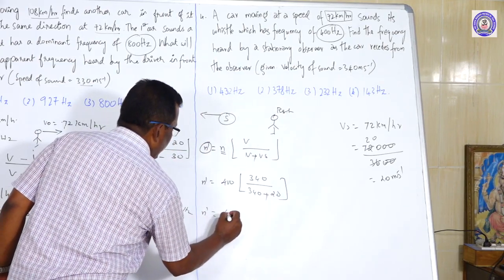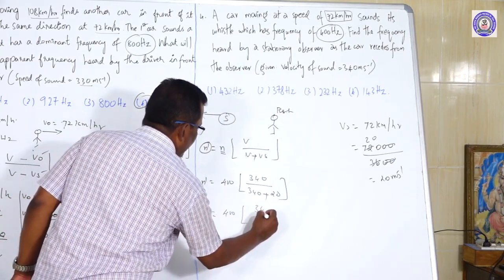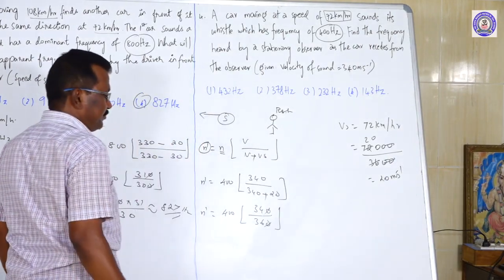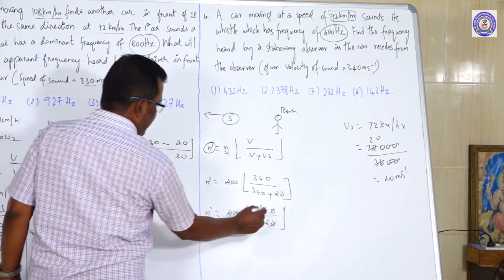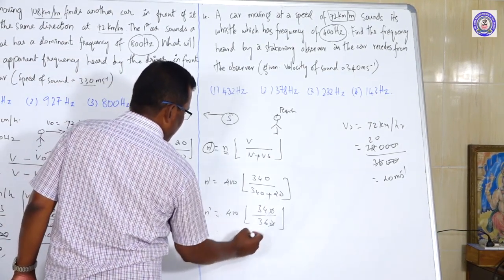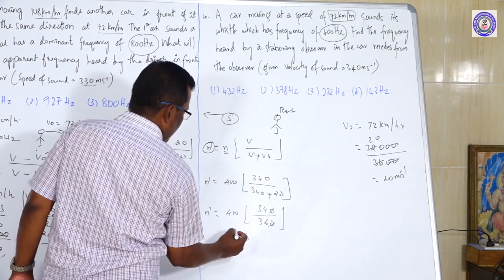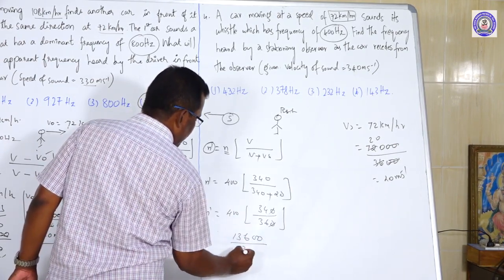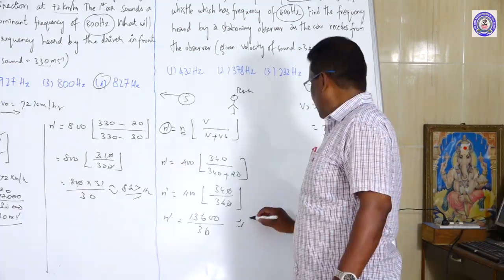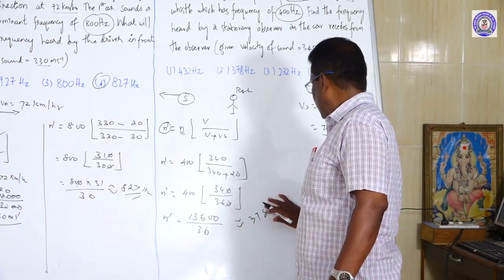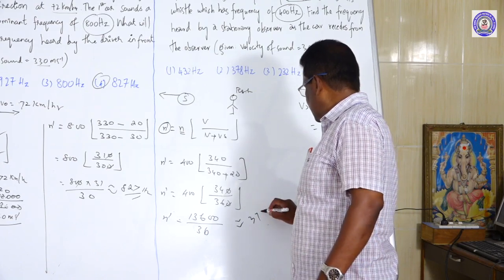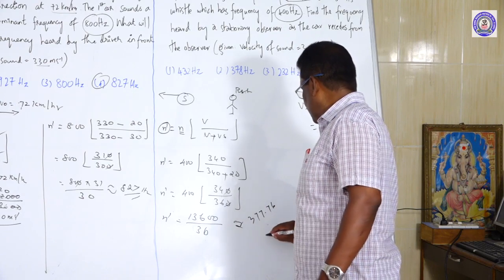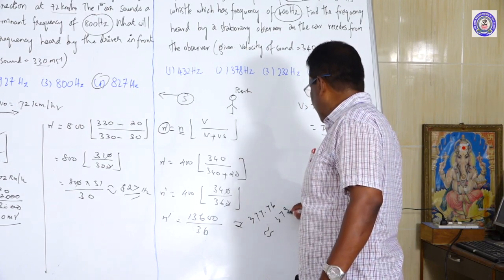n prime is 400 times 340 divided by 360. Multiply 400 by 34, 4 fours are 16, and so on, divided by 36, gives 377.76, which is approximately equal to 378.